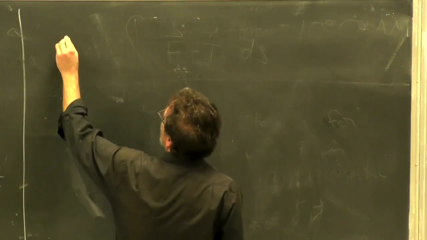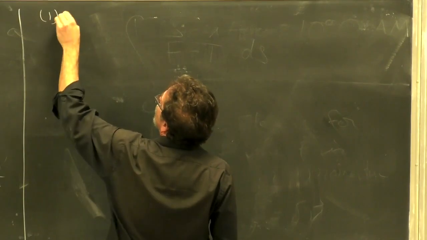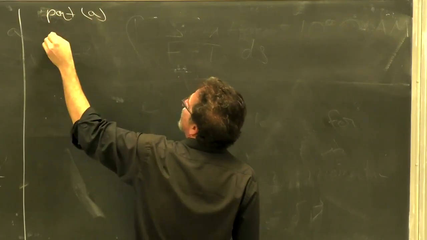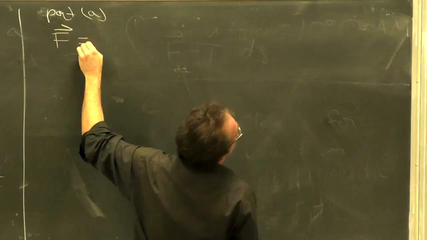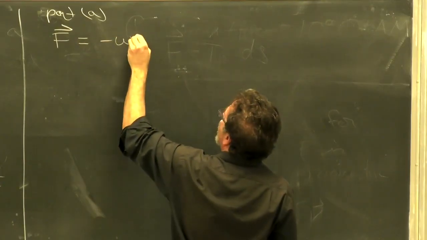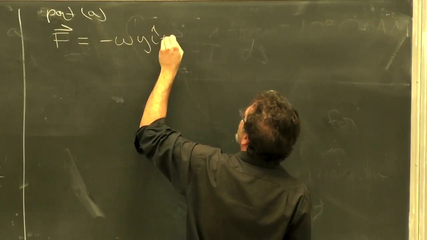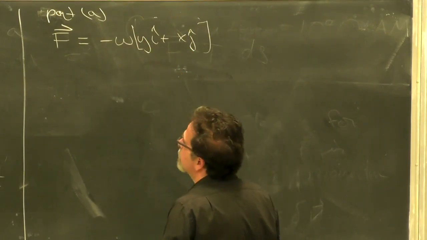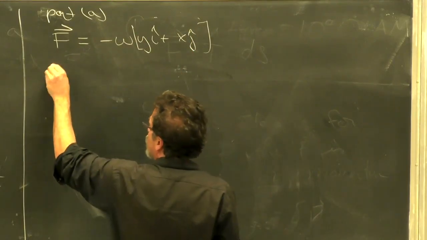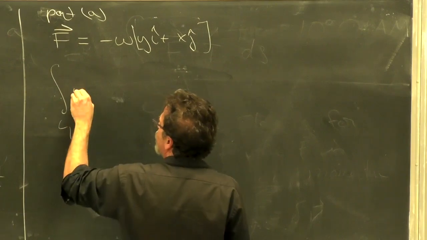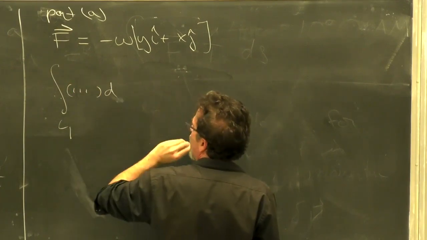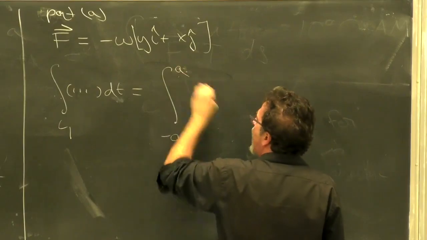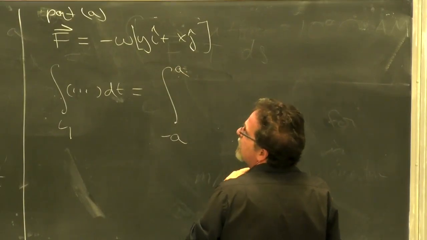The integral over line 1, so the first one, okay, so again, part A. Part A has the vector field F equal to negative omega y i hat plus x j hat. Okay, that's the vector field I want to integrate around. So the integral over line 1 of the flow is the integral from negative a to a of F of r of t along line 1.